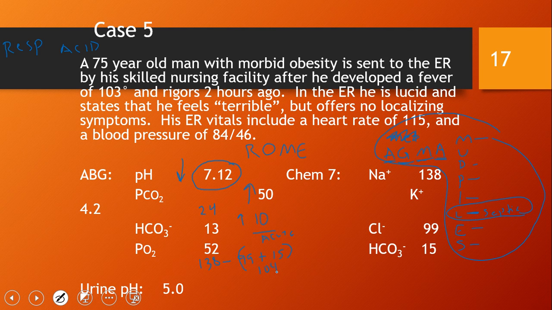So 138 minus 104 is going to give us 34. So 34, or 24, sorry. Okay, so 24, normal is 12, so that's like double 12. So this person does have an anion gap.